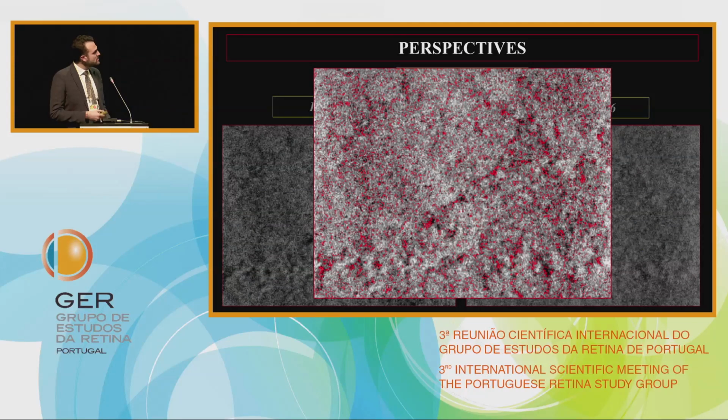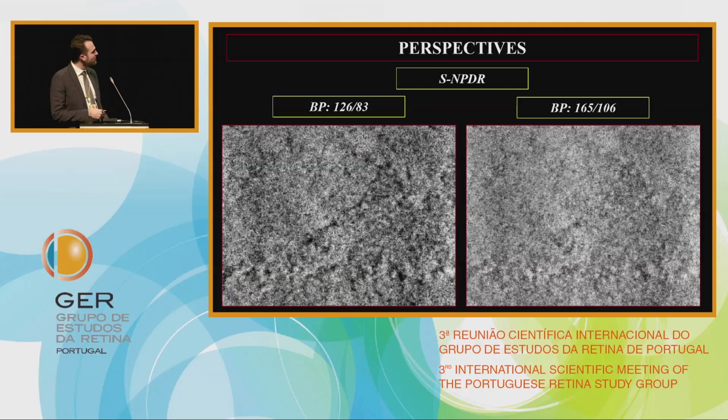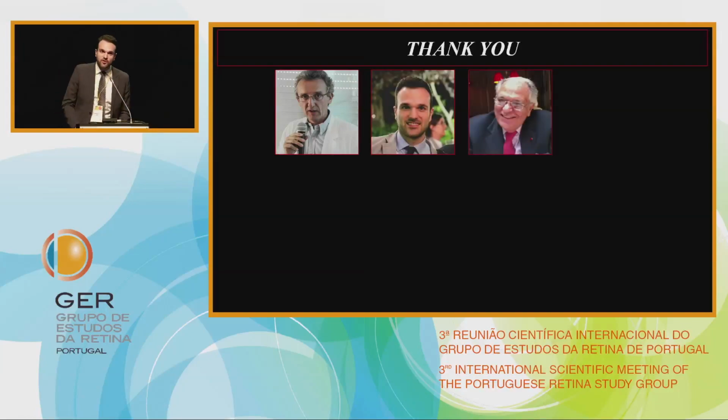And this is the differential map. So what we can obtain from this image is that in a patient with diabetic choroidopathy, there is a basal reduction in vascular perfusion at the level of the choriocapillaris compared with a healthy subject. Thank you very much for your kind attention.